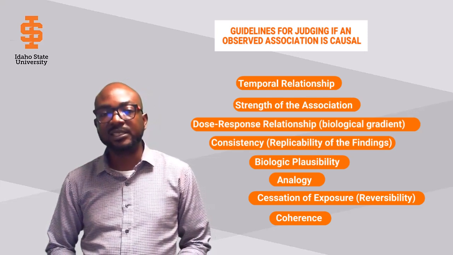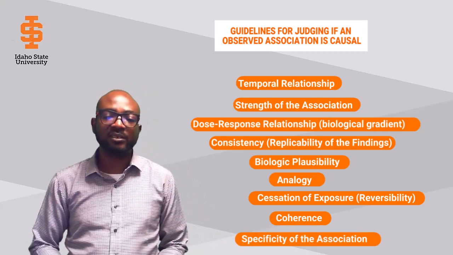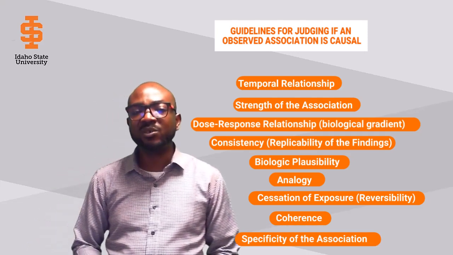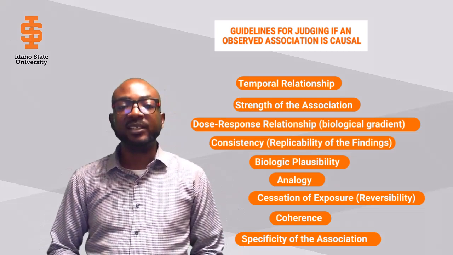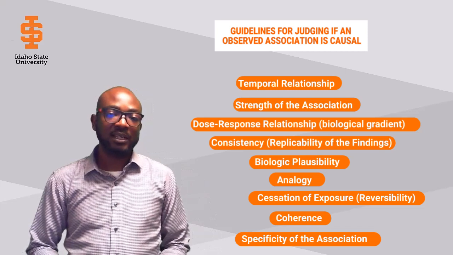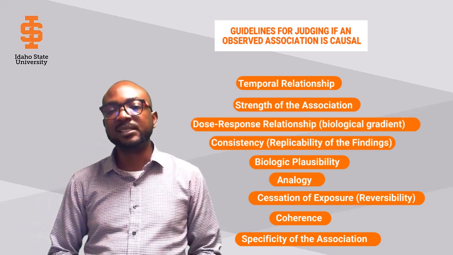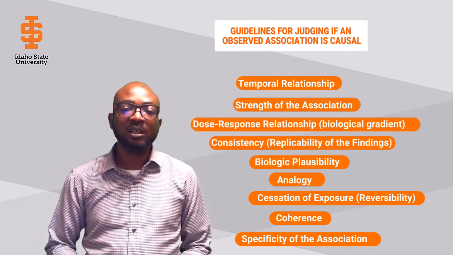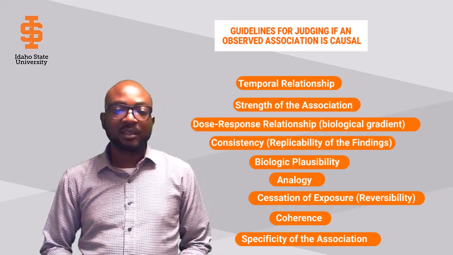Ninth criterion is specificity of the association. This simply states that if a single risk factor consistently relates to a single effect, then it likely plays a causal role. An association is specific when a certain exposure is associated with only one outcome of interest.